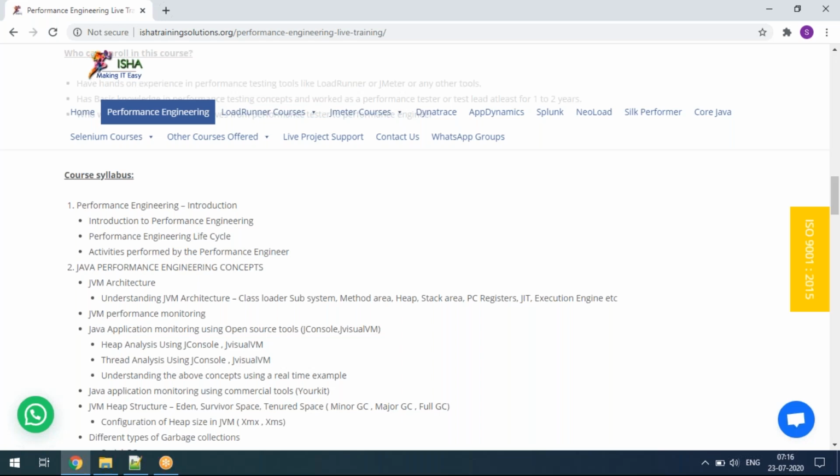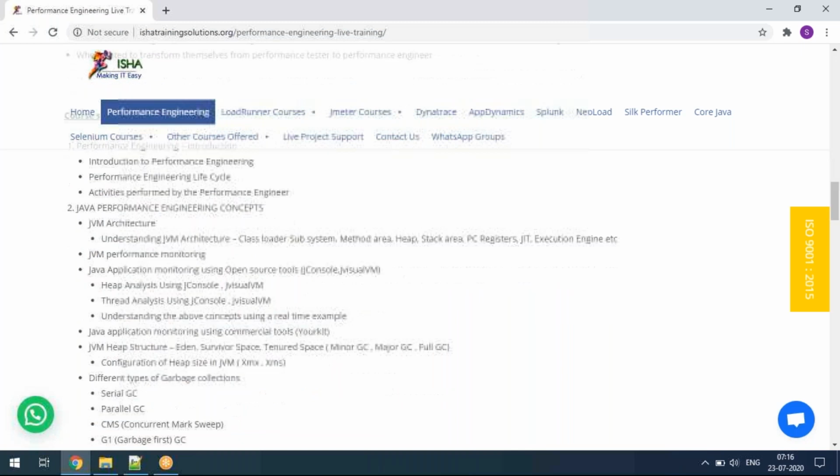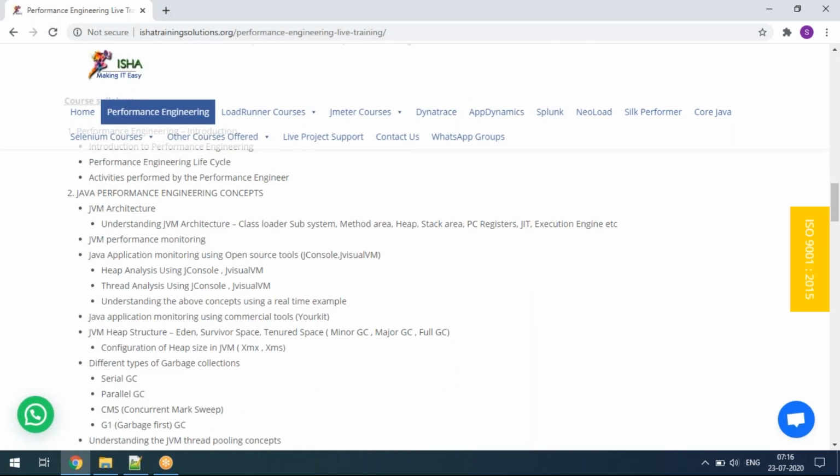Then we are going to have Java performance concepts, like the architecture of the JVM. I'll explain it, and then how we are going to do JVM monitoring with tools like JConsole and JVisualVM. These are utility tools inside your JDK, in the bin folder under the JDK folder.